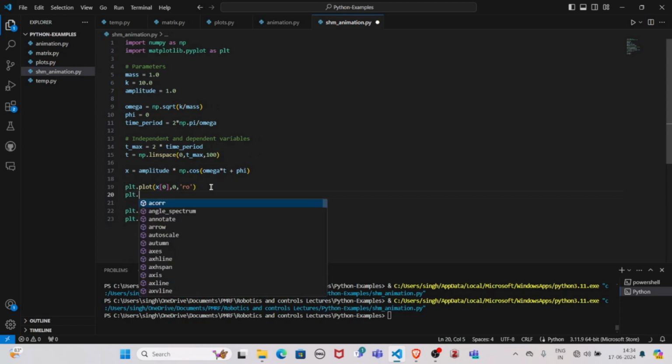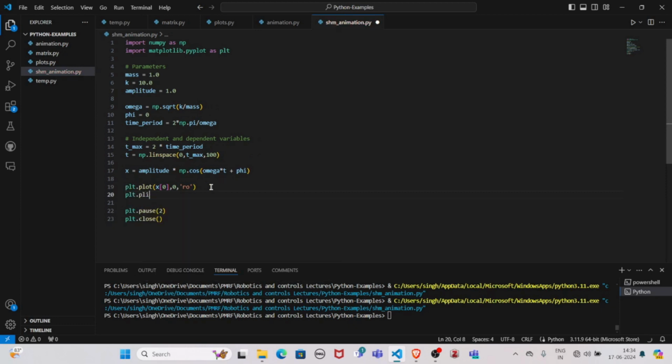Now let's plot the first frame of the spring. The way we'll represent the spring will be using a line. So how do we plot a line using the plot function? The way we plot it is we give it a list of points.